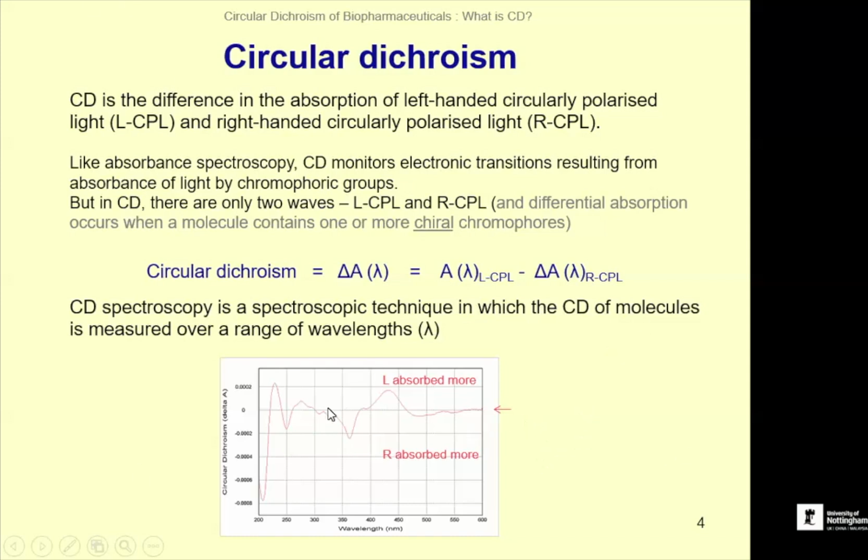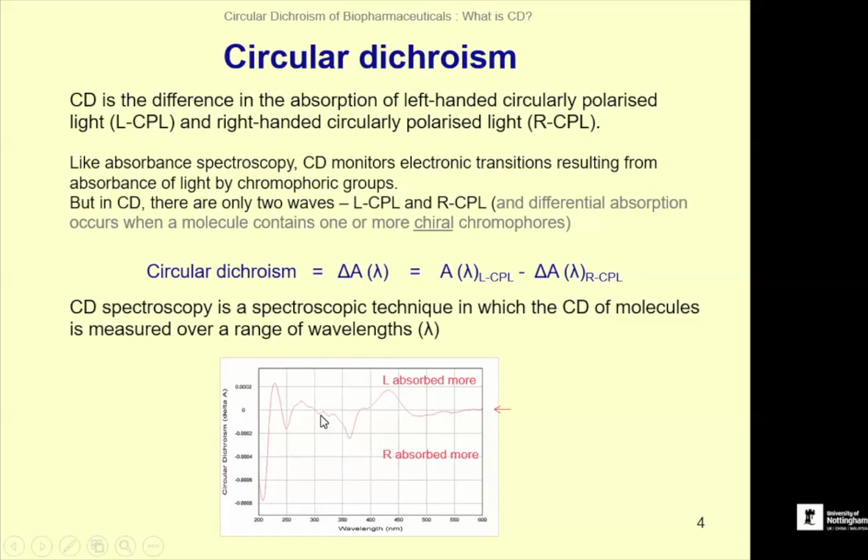In fact, this picture at the bottom just illustrates that. So there's a 0 line here, because if you have equal amounts of these 2 light waves coming out of the source, there's no sample in the way of that light beam, the detector will say, I'm detecting equal amounts of both. And therefore, in a control like that, the spectrum at different wavelengths will just bump along the 0 line from beginning to end, because there's no differential absorption.